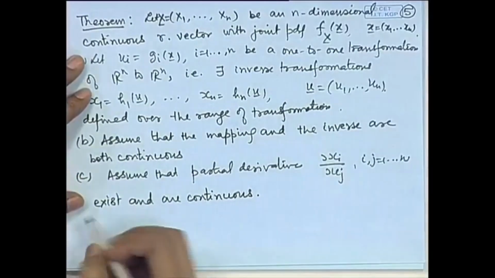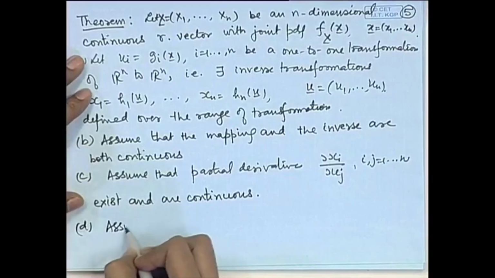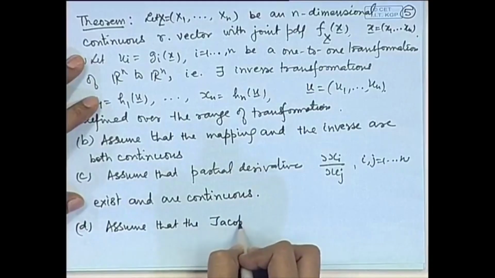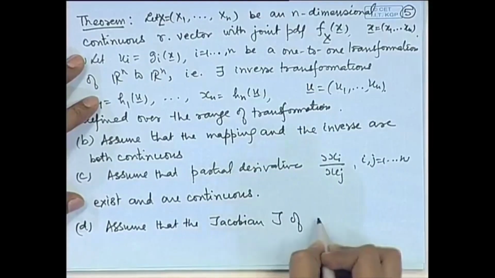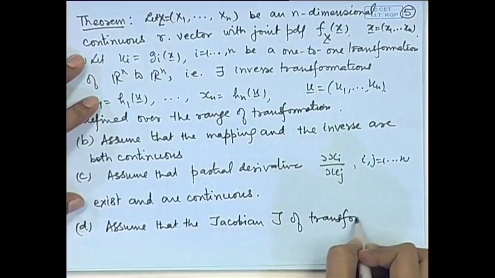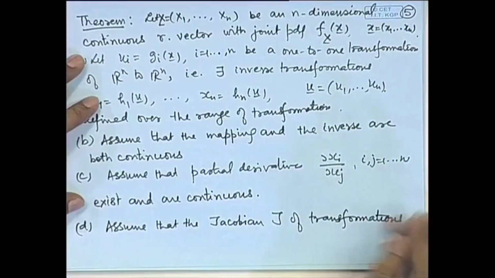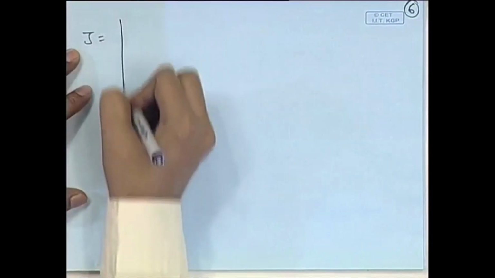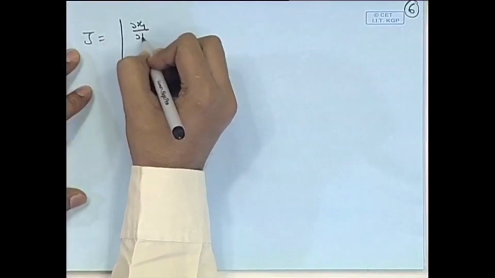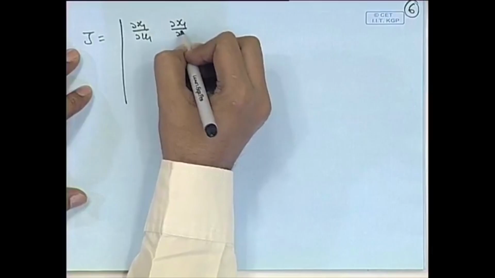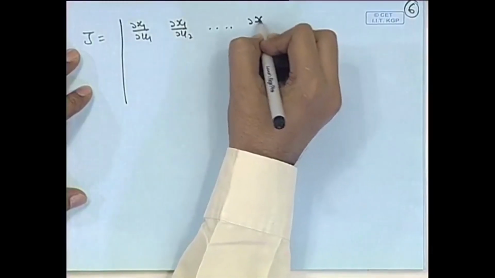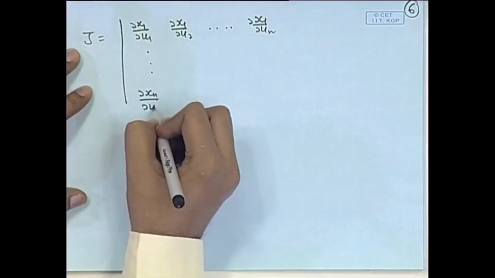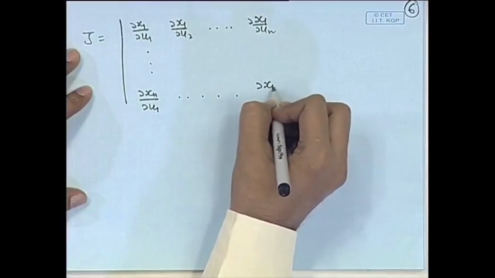Then we define the Jacobian J of the transformation, which is defined by J equal to the determinant of the matrix with entries ∂x1/∂u1, ∂x1/∂u2, and so on, ∂x1/∂un, and so on, ∂xn/∂u1, and so on, ∂xn/∂un.